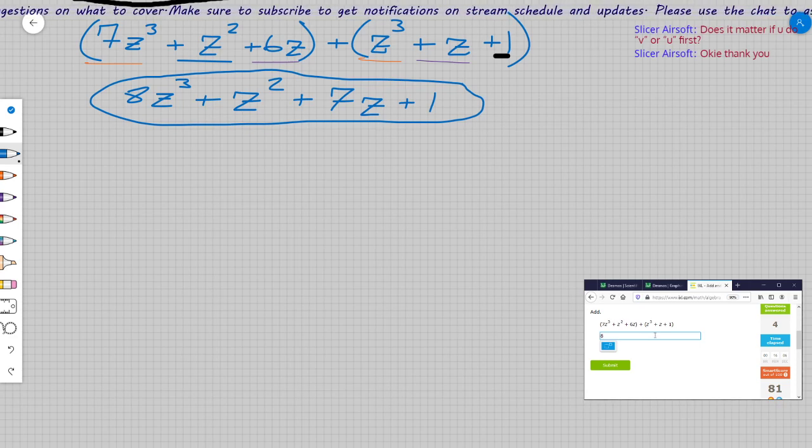So let's plug that in, 8z cubed plus z squared plus 7z plus 1.